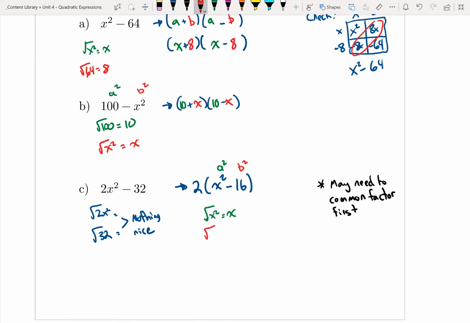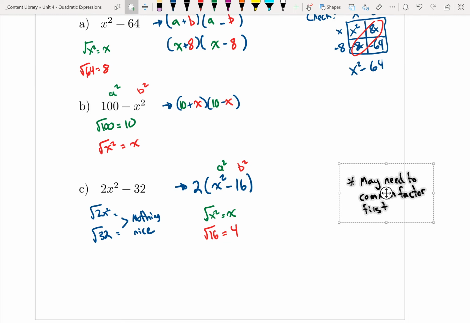And if I take the square root of 16, I get 4. So inside this bracket, this is a difference of squares. So what I can do now, let me just move things over a bit, is factor this difference of squares in the bracket.